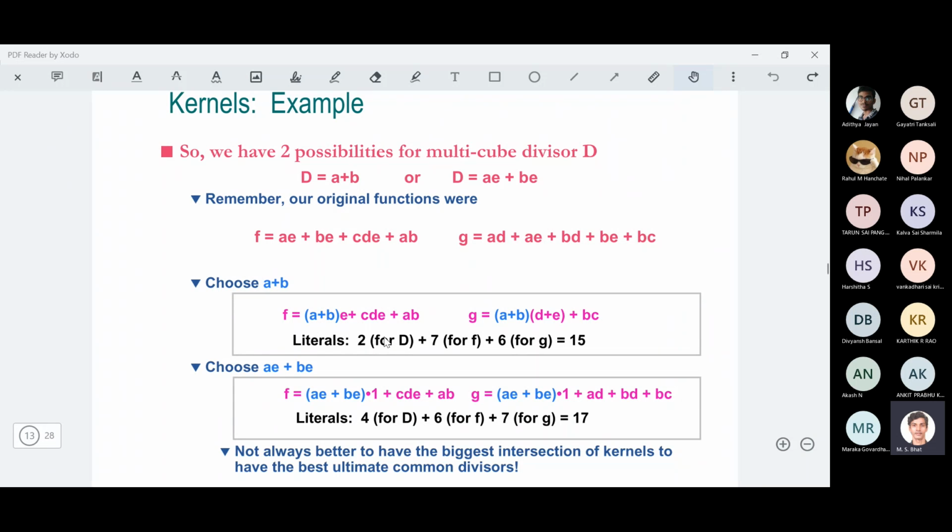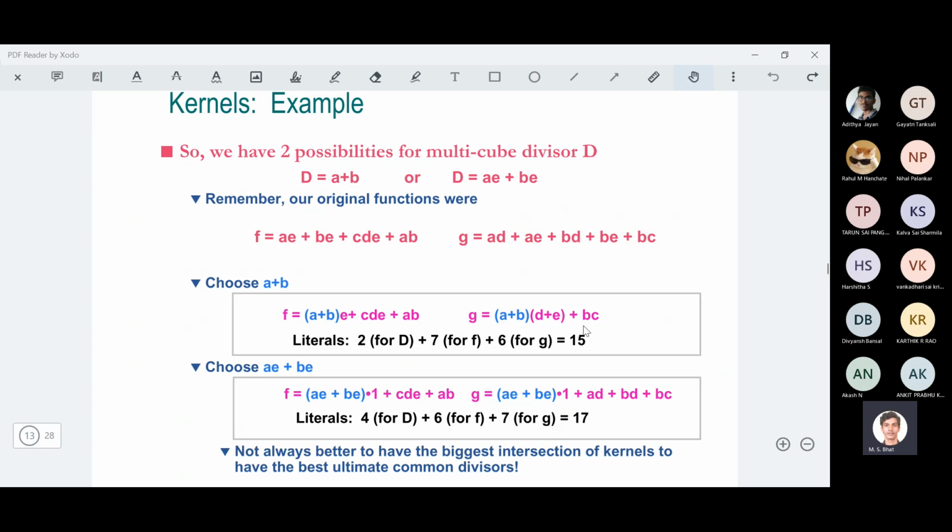So 2 for D, that is, I am extracting A plus B from both F and G. So I have this A plus B, new function, which has two literals. And then 7 for F, because now this is our capital D. 1, 2, 3, 4, 5, 6, 7. 7 for F and 6 for G. That is 1, 2, 3, 4, 5, 6.